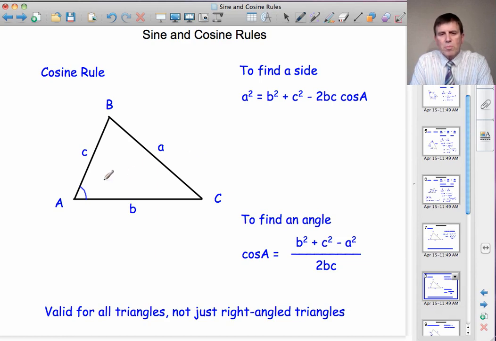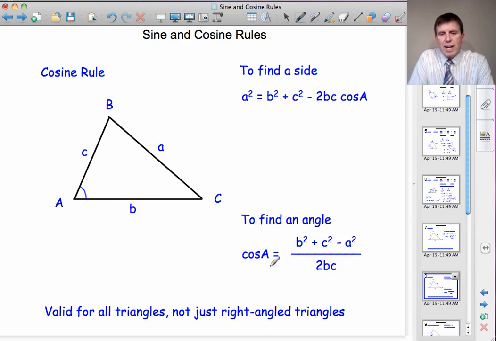So let's have a look at the pattern here to find a squared. What do we need to know? Well, we need to know the other two sides, and we need to know the angle opposite a. So we use cosine rule to find a side when we know two other sides and the angle in between them. So we don't know an opposite pair. In this case, we can't use sine rule.